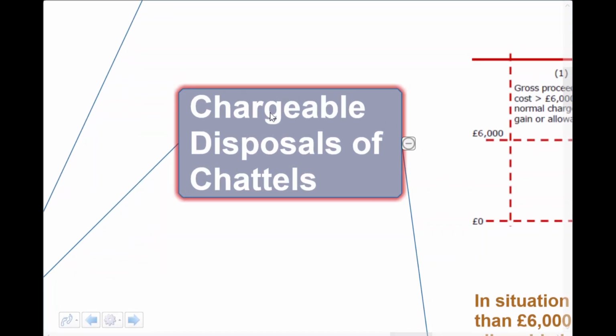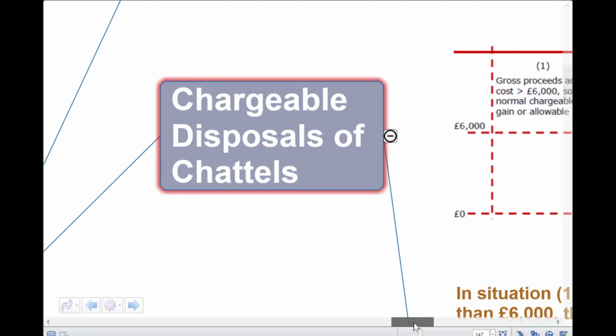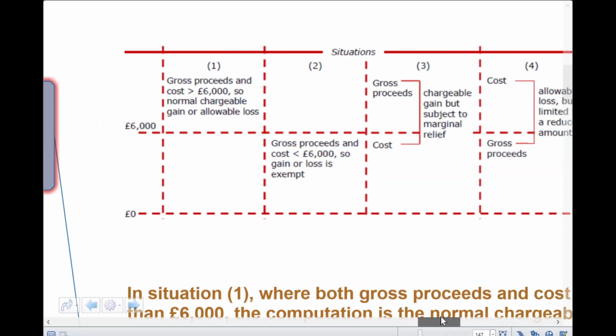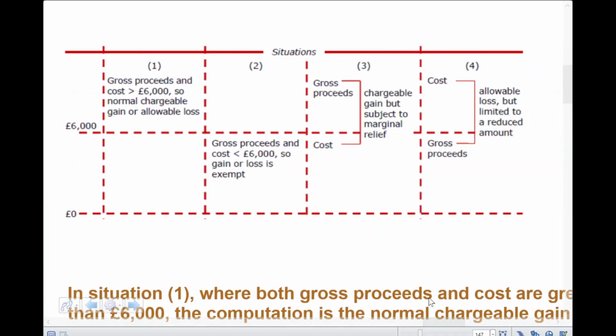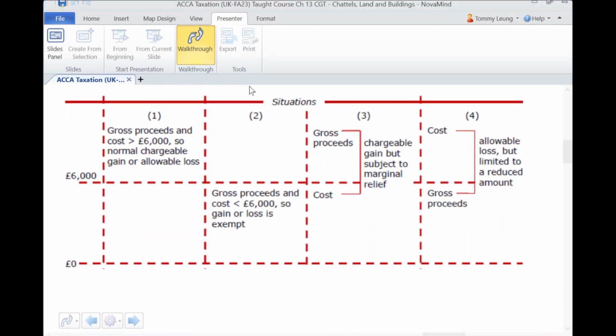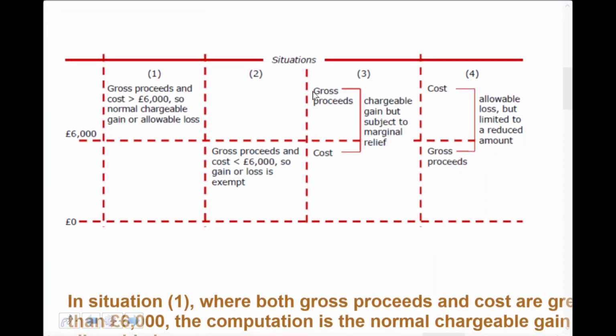Now, note, we're talking about the disposal of chattels, the first asset that we saw in the definition above. Okay, so what's the deal here with this diagram? It looks like there's quite a lot of information in it. Well, what it says here is there's 4 situations.